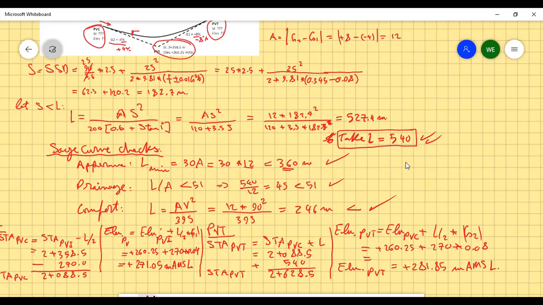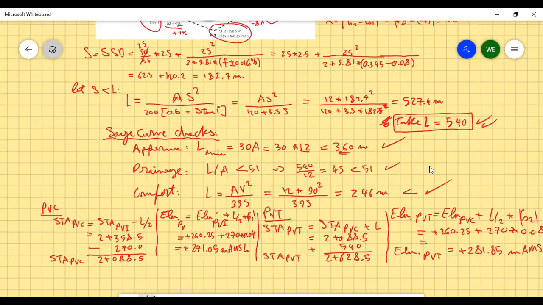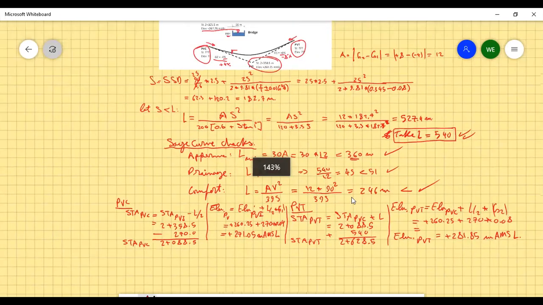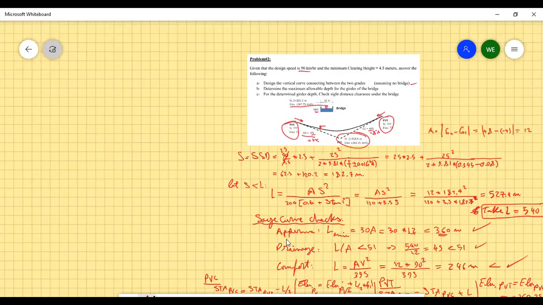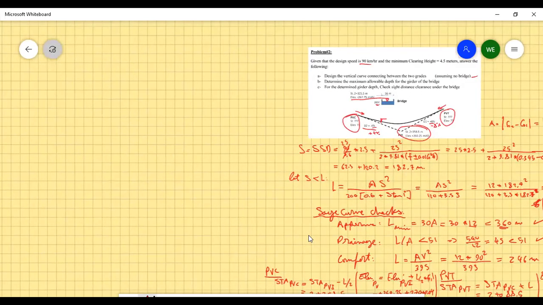Now we need to check if what we are doing is correct. How can we do that? I will show you now. First, let's define the equation for this vertical curve. The equation for this vertical curve will be y of x equal a x squared plus bx plus y naught.